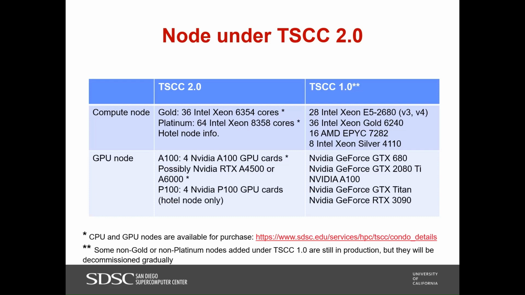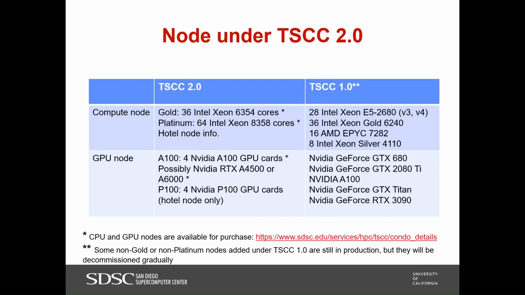As for the GPU nodes, we are offering A100 GPU nodes as well as possibly A4500 or A6000. And meanwhile, we will add a P100 node to the GPU hotel queue, which will replace the current old GPU nodes in the GPU hotel queue.